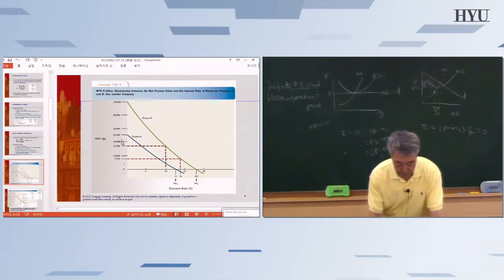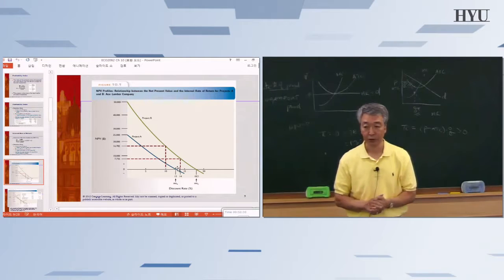But if you have to borrow money at a 5% interest rate, that's going to bring the NPV to somewhere around the 15,000 level, and so on. So it goes down this way. And then if the discount rate becomes about 13%, your net present value becomes 0.